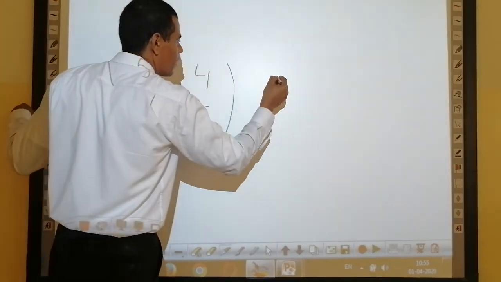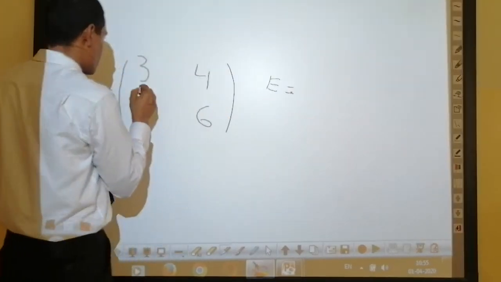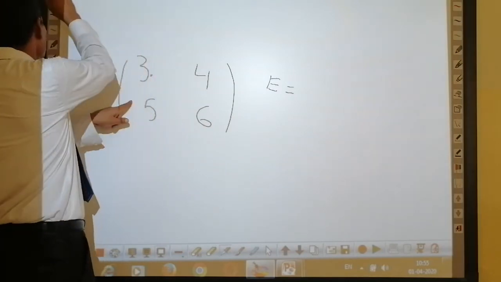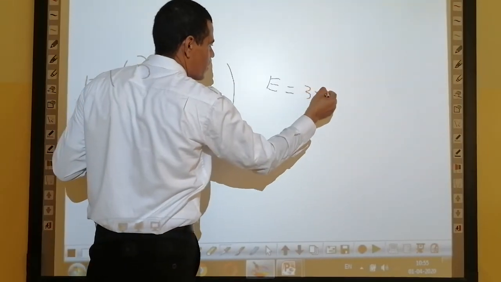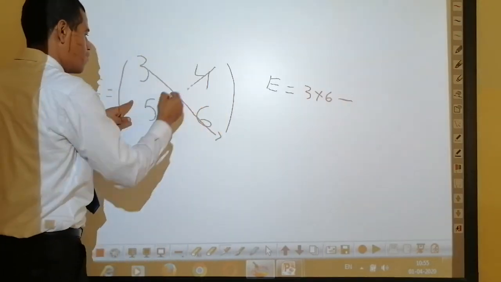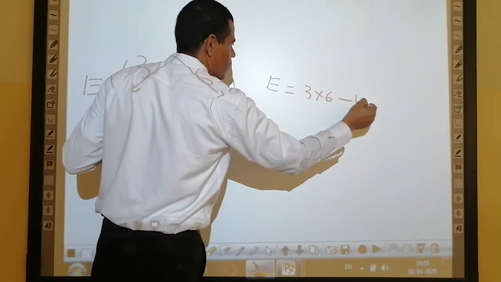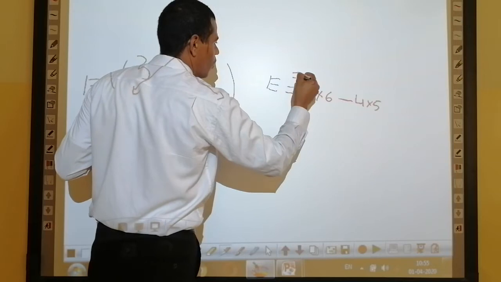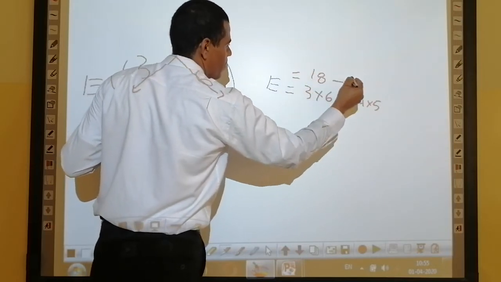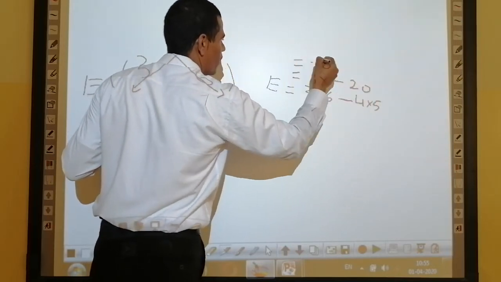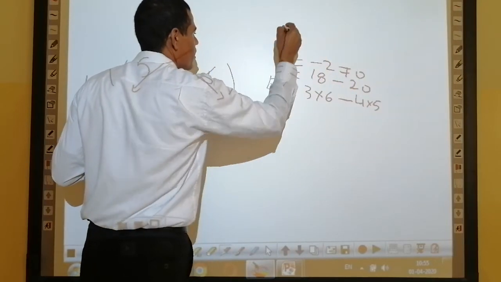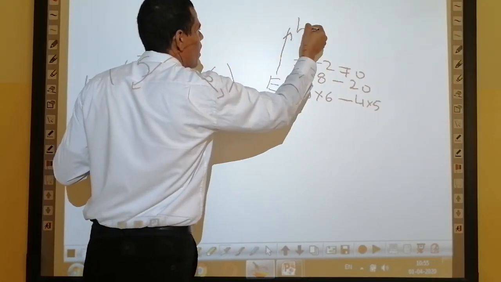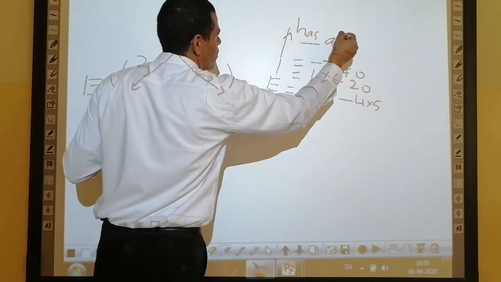Determinant of E, my kids, is, we said, 3 multiplied by 6 minus 4 by 5, equal 18 minus 20 equal -2, different to 0, means the matrix E has an inverse.